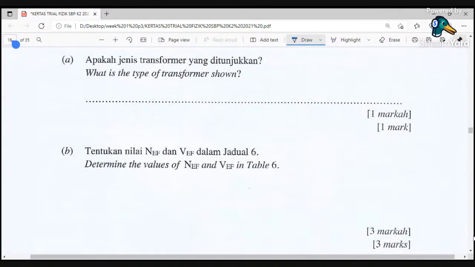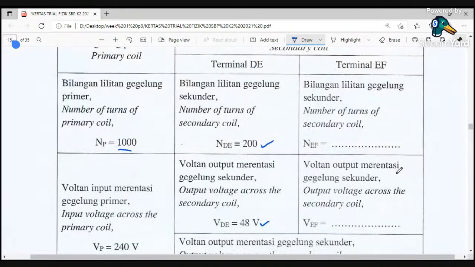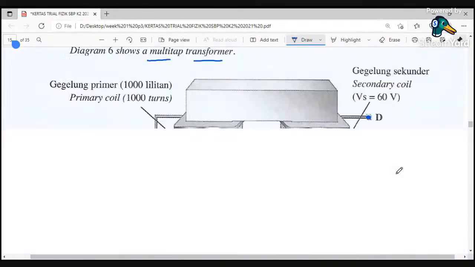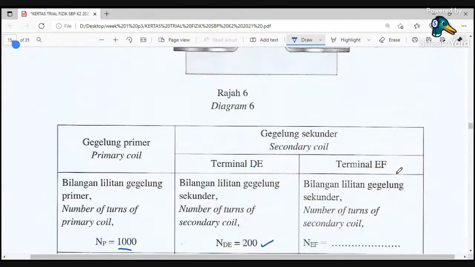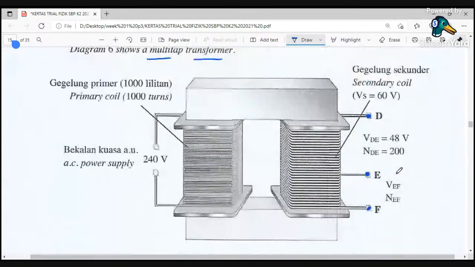Okay, what is type of transformer shown? How to know whether it's the step-up transformer or step-down transformer? You look at the input voltage and the output voltage. Okay, you can see from here. For the primary coil, 240 volt.